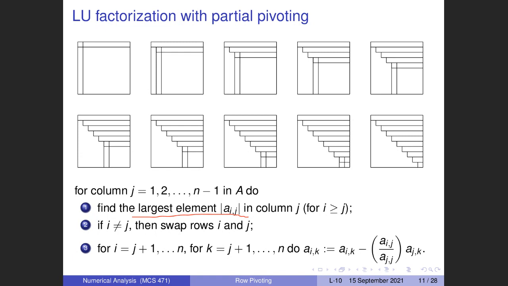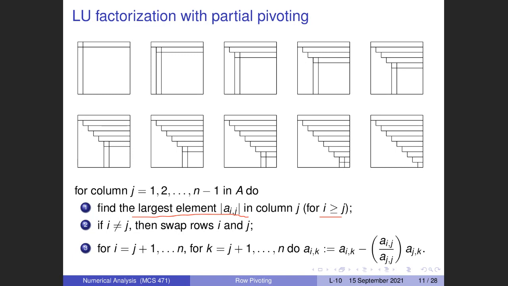So the punchline of the pivoting algorithm is that we're not looking for the smallest element. A hybrid would be, as soon as your element on the diagonal is less than 10 to the power minus 4, you look for a larger one. No, we will actually always look for the largest element in the current column, starting at the current row.